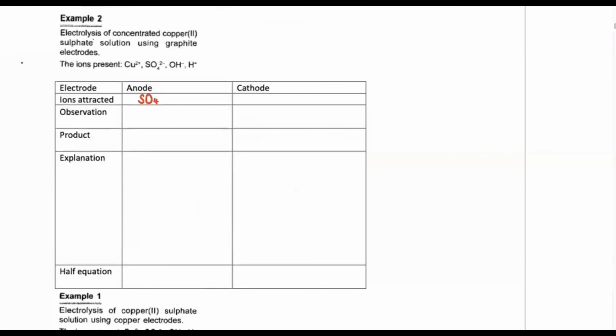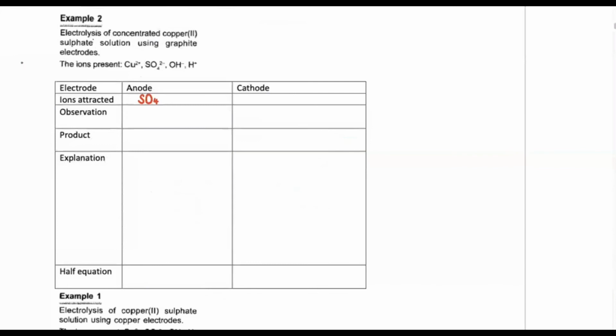Okay, so sulfate, SO4 2-, and then hydroxide. You know, just now I drew a line saying that if they are not halide, no chance to be selected.